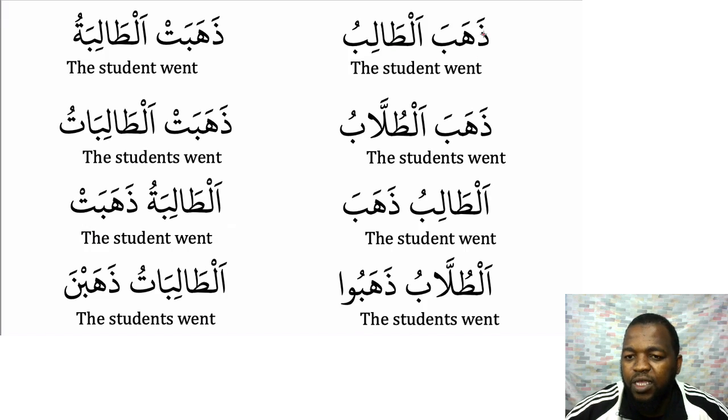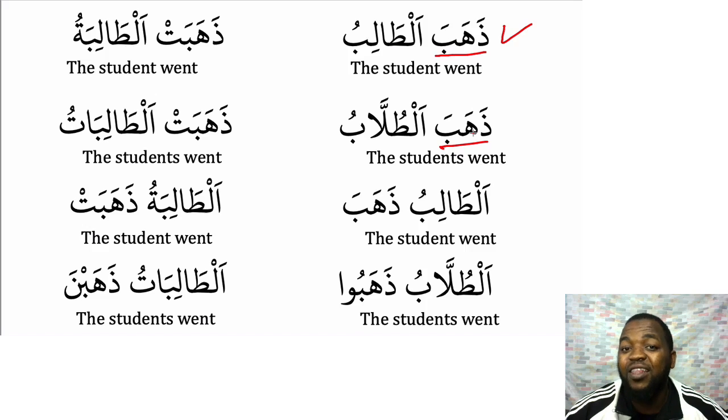So the summary is like this: ذهب الطالب means the student went. ذهب الطلاب, the students went. So you see that the form of the verb is the same. ذهب, ذهب. This form doesn't change because it is the unique form where you don't find the doer in itself.